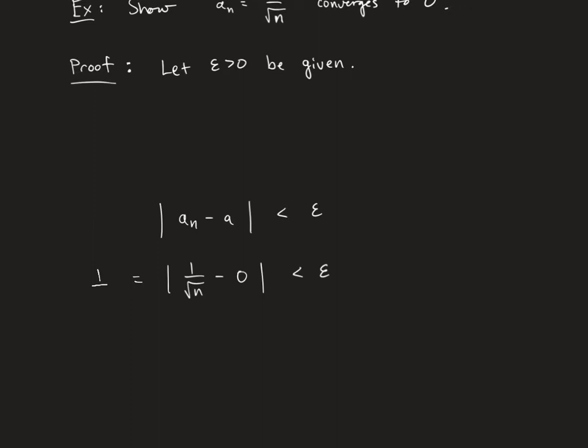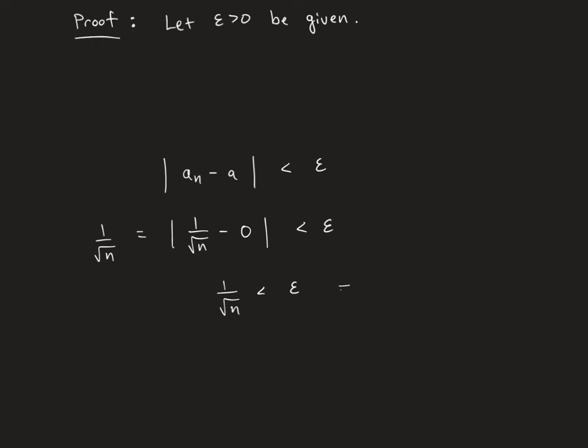This is just straightforwardly 1 over the square root of n, so I want 1 over the square root of n to be less than epsilon. Basically, we're looking for the condition on n. How big should n be? How far out in the sequence should I be to make this work? So you're trying to solve this inequality for n, so to speak. So let me write it this way.